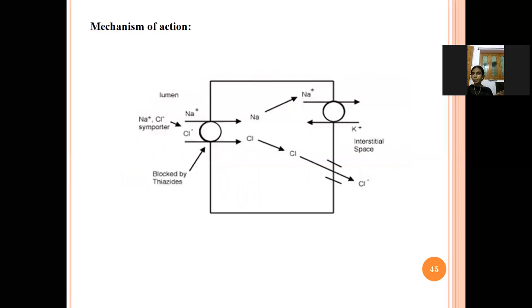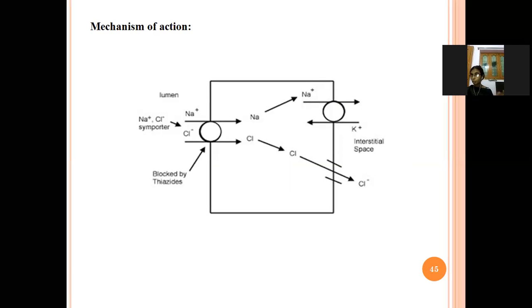See here, mechanism of action. Here what will happen: the chloride is eliminated and the sodium is eliminated. So if we place the drug here in the body, the reabsorption of sodium and chloride will get stopped by inhibiting the sodium and chloride symporter.